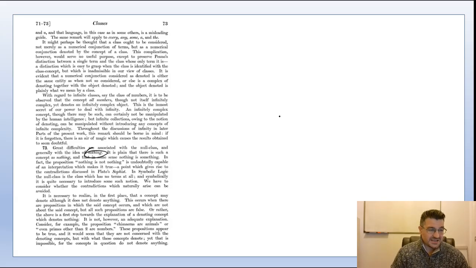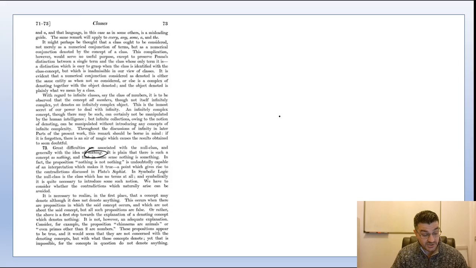So here he's using italics. So is this nothing the denoting concept nothing, or is he just using nothing as emphasis here? I tend towards the view that he's talking about nothing the denoting concept here.